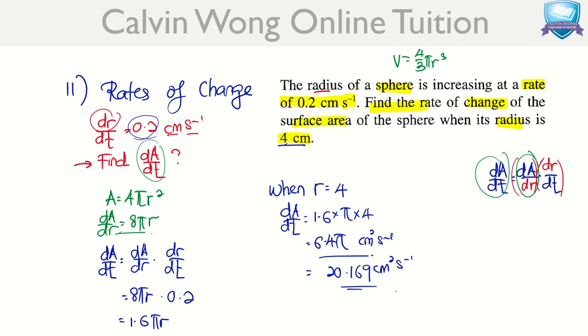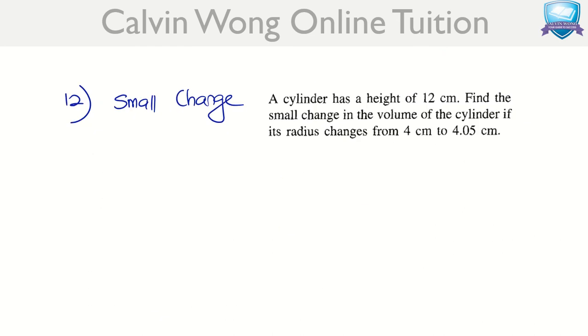Let's look at the last kind of question that will come out in SPM: small change. Small change in this case means the radius changes a little bit. The geometrical shape we use here is a cylinder. The height is 12 cm, fixed.